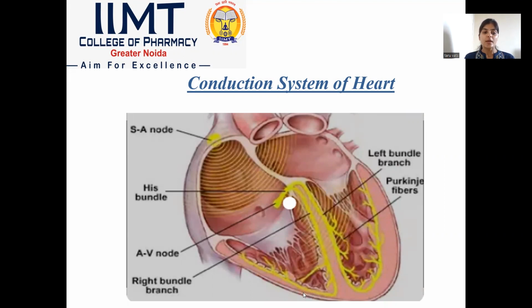This SA node is also known as the pacemaker of the heart. Then the impulses pass through the atrial muscles. Later on, the impulses pass to the atrioventricular node. It lies in the upper part of the atrioventricular septum.